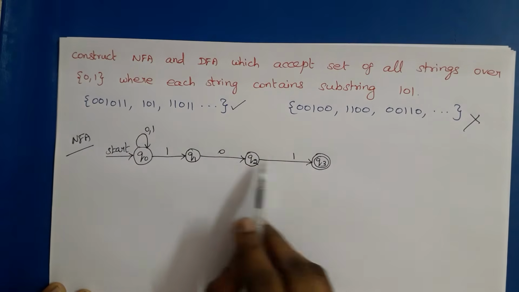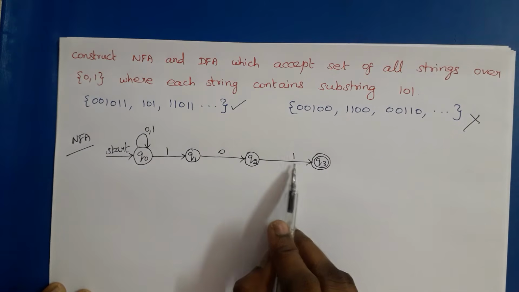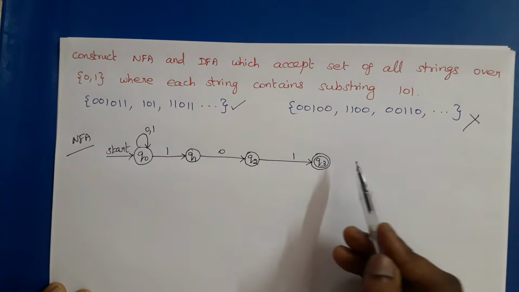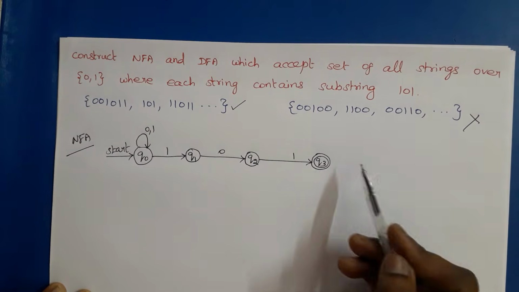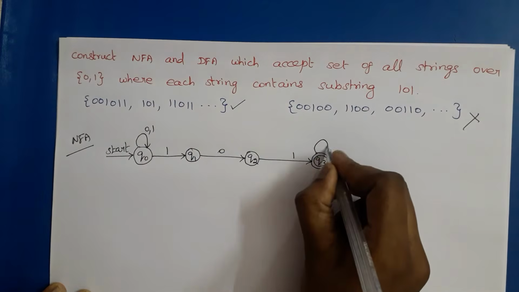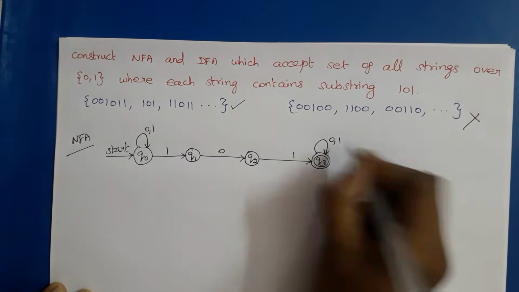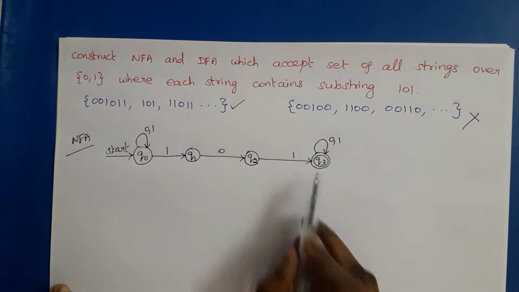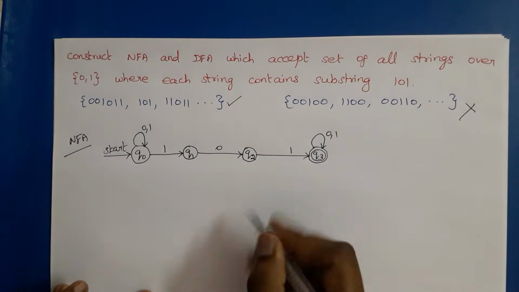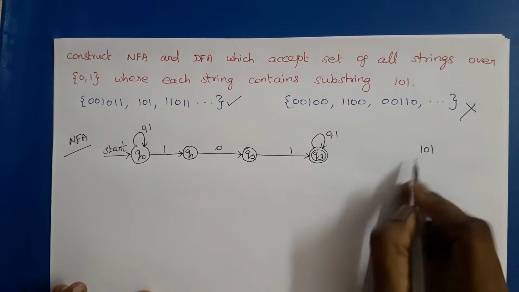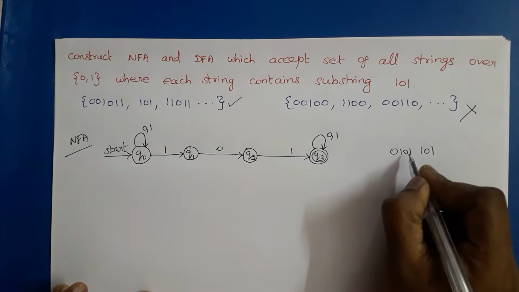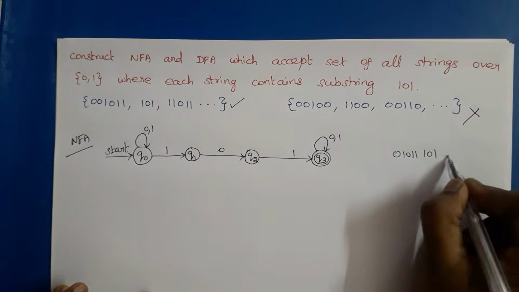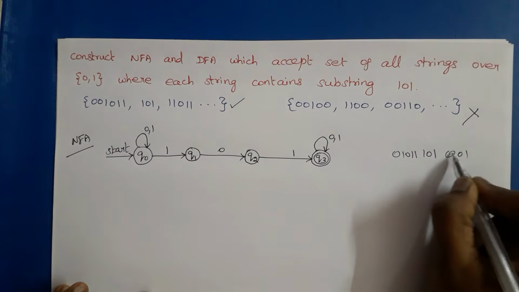After recognizing the substring 101, if some other strings come, meaning zeros and ones, it can stay in the same state Q3. That is, 101 is a substring that is preceded by any number of zeros and ones and can be followed by any number of zeros and ones.